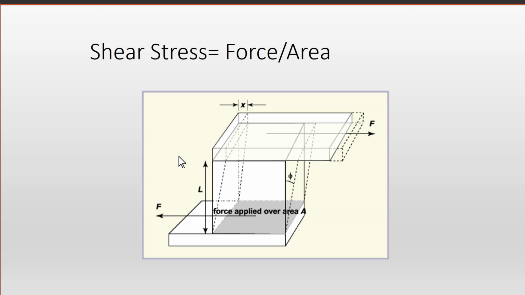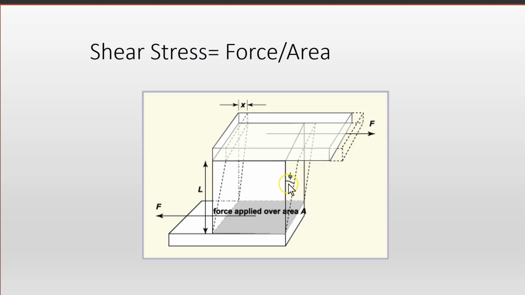plane relative to another. If we were to apply a shear stress to the sample here, what will happen is it will start to become inclined and take on the shape shown by the dotted outline right here, and this face here will start to incline by this angle phi.